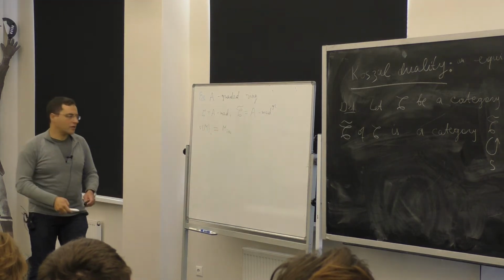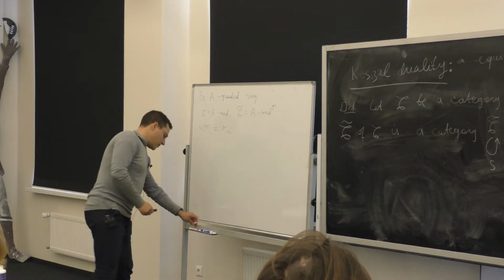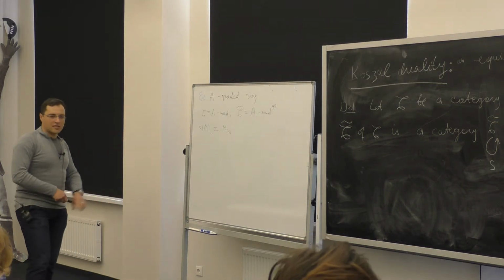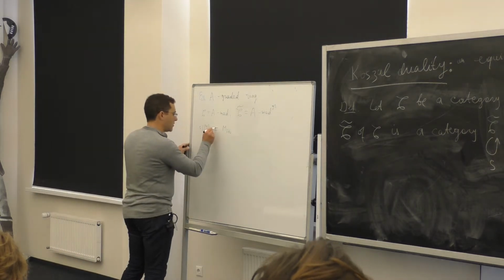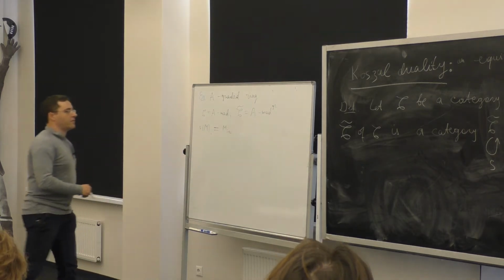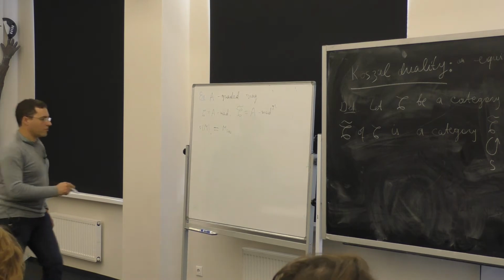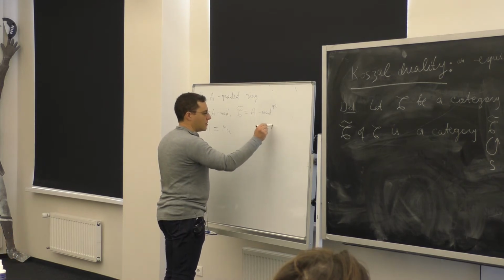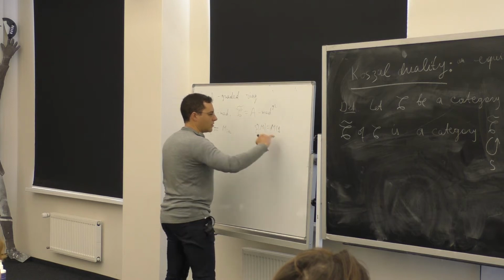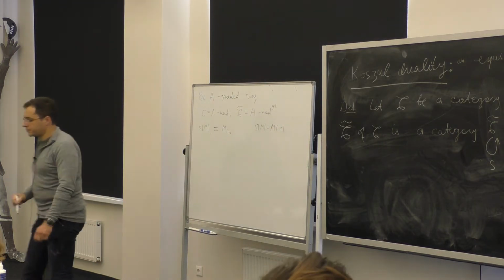So if you shift the grading, then of course you don't change the module, and except for the finiteness conditions which I omit, this is exactly true. And so for this reason I'll just denote S of M also in the future by M of 1 and S to the n by M of n.